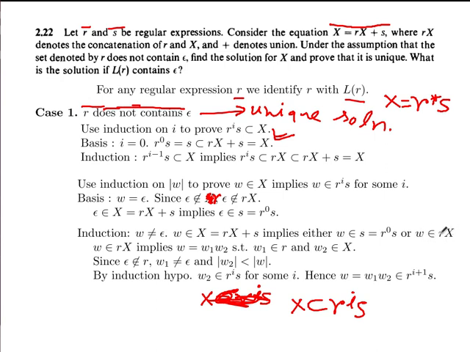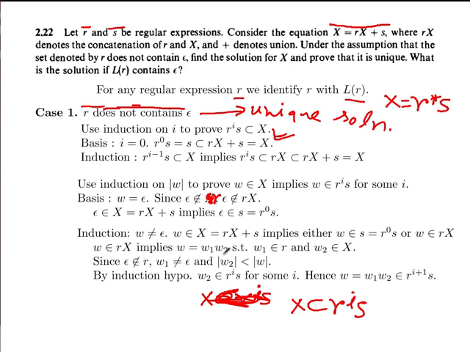But if it belongs here, that means it's a concatenation of two strings, W1, W2, where W1 is coming from R and W2 is coming from X, because this is the concatenation of this and this. Okay.